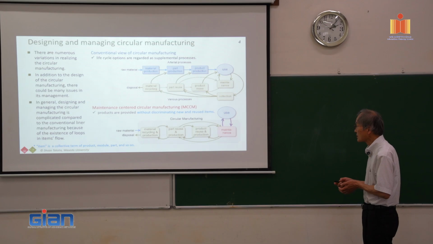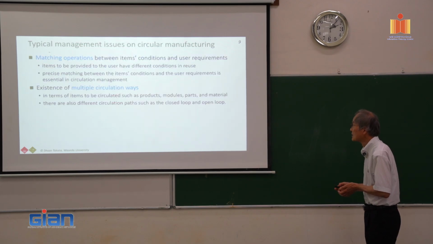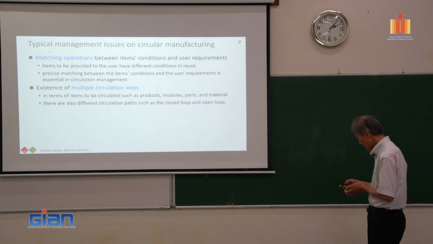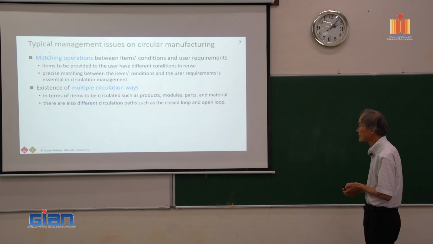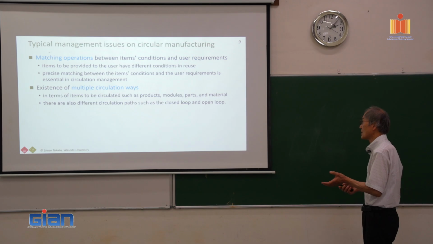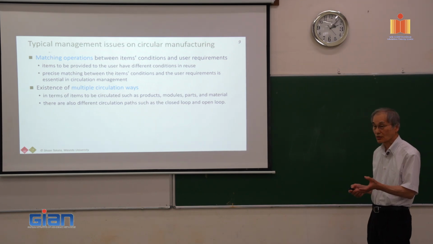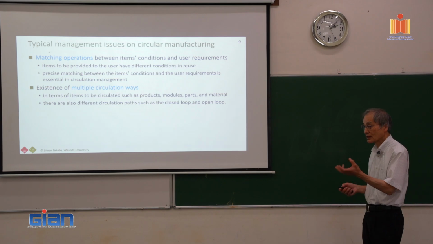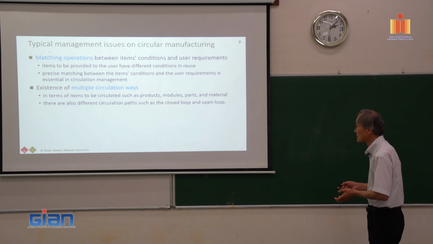As I explained already, there are several kinds of circulation path: product reuse, module reuse, part reuse, or material recycling. And also the reuse could be open reuse or closed loop reuse, using the product for the same purpose or repurposing, and so on.